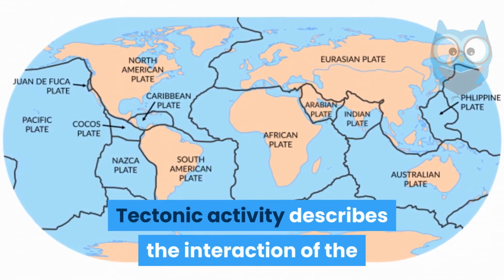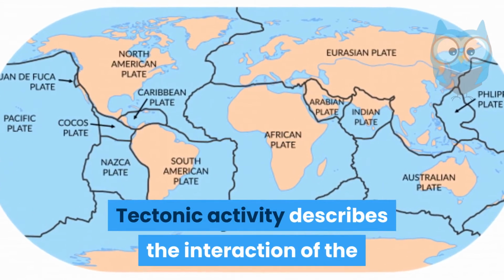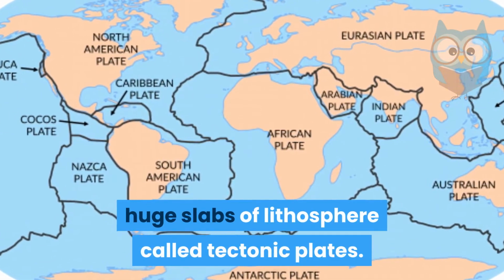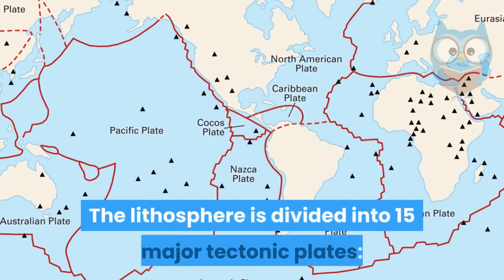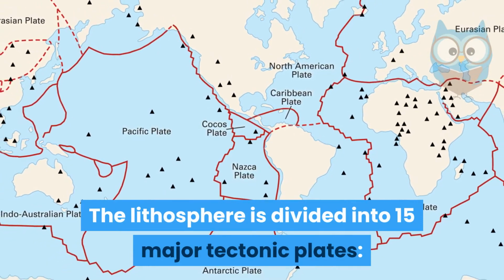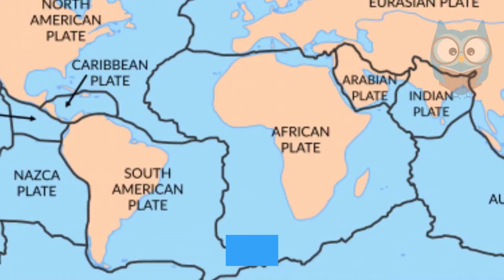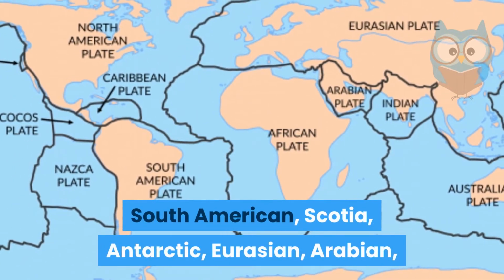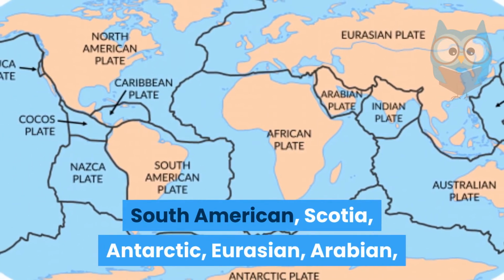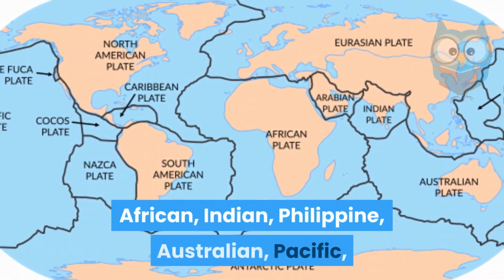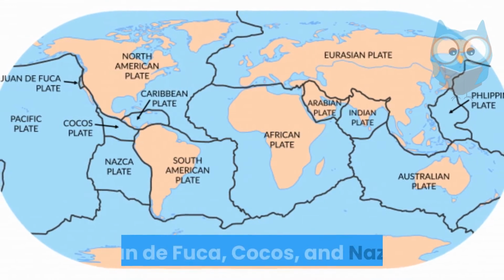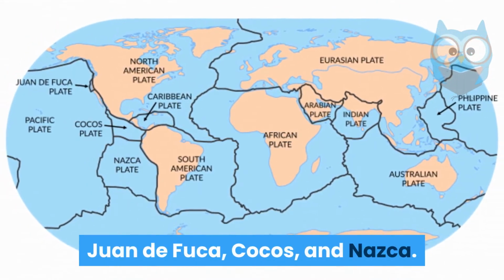Tectonic activity describes the interaction of the huge slabs of lithosphere called tectonic plates. The lithosphere is divided into 15 major tectonic plates: the North American, Caribbean, South American, Scotia, Antarctic, Eurasian, Arabian, African, Indian, Philippine, Australian, Pacific, Juan de Fuca, Caucasus, and Nazca.